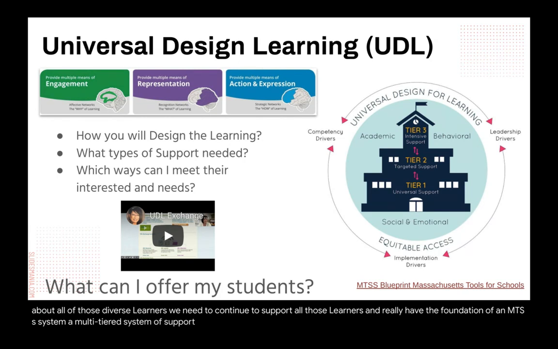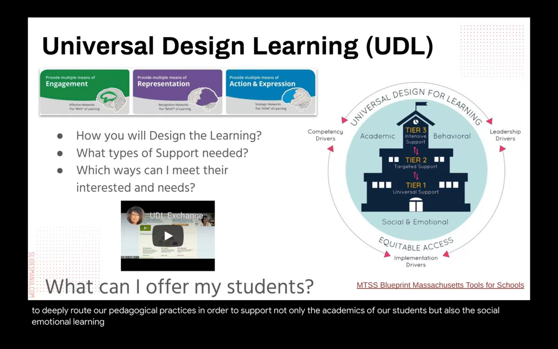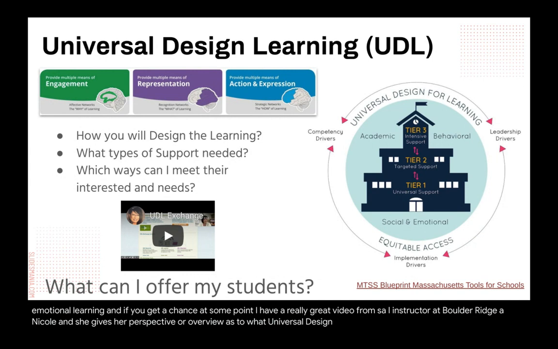Universal design learning is not a new concept, but it's something that we should constantly go back and revisit to deeply root our pedagogical practices in order to support not only the academics of our students, but also the social emotional learning. And if you get a chance at some point, I have a really great video from SAI instructor at Boulder Ridge, Anna Cole, and she gives her perspective or overview as to what universal design learning is.